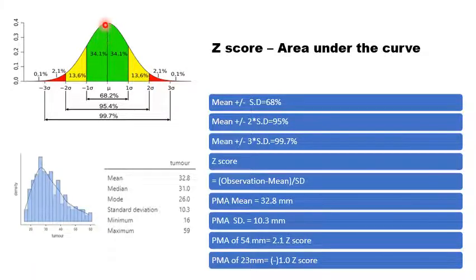The mean is in the central point in here, and one standard deviation away from the mean, on either side, would have 34% of the data. This would total up to 68% of the data within one standard deviation around the mean.